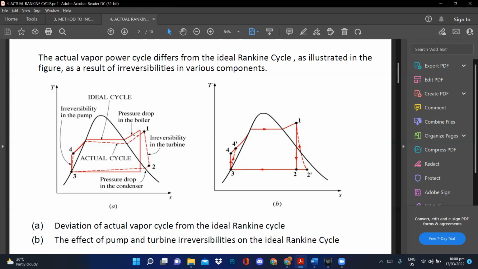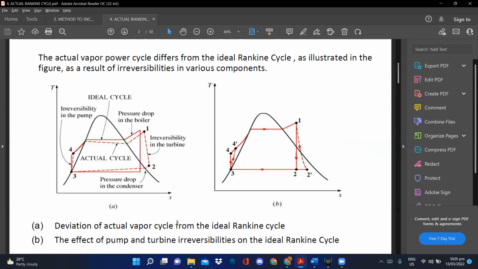So yun talaga yung nangyayari, which is yung actual cycle. The ideal cycle is just the basis, just the theoretical. But that doesn't necessarily mean that ayun yung masusunod na cycle or na output. Doon pa rin talaga tayo sa actual cycle.